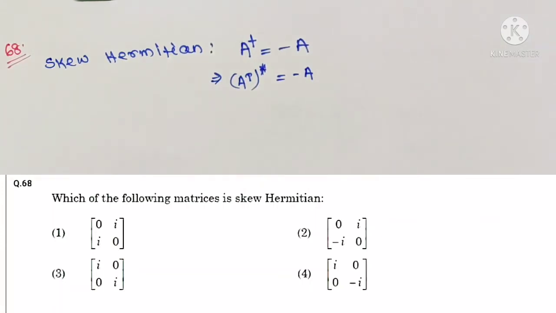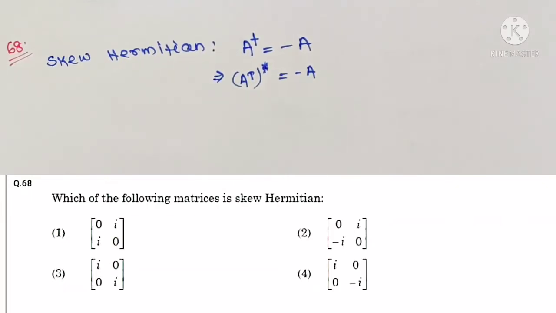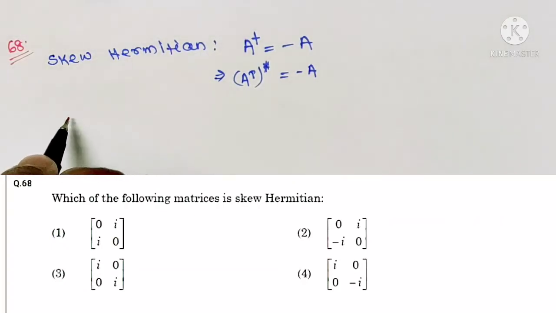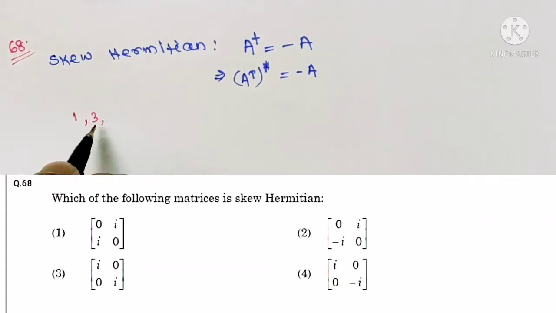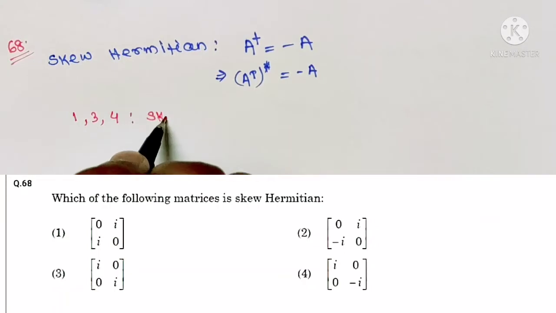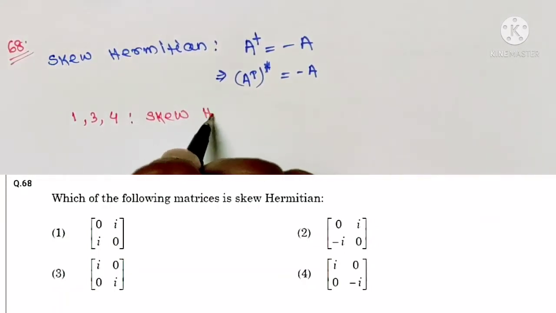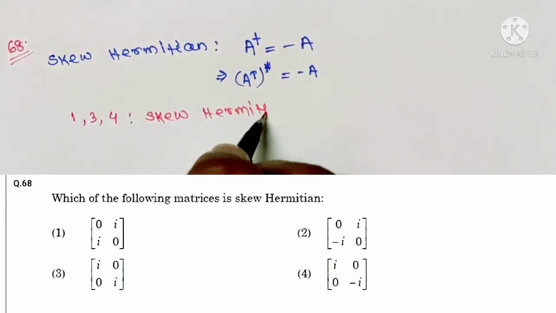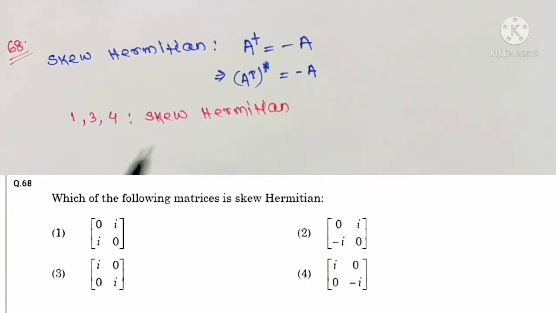So using this property you can check which of the following matrices is skew Hermitian. But when you check that, you will find options 1, 3 and 4 are all skew Hermitian, but option 2 is not skew Hermitian. So let us check that one.